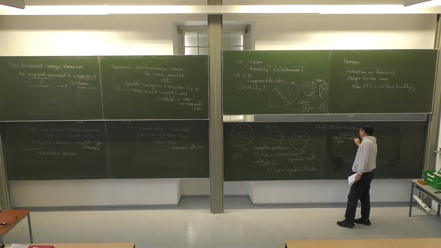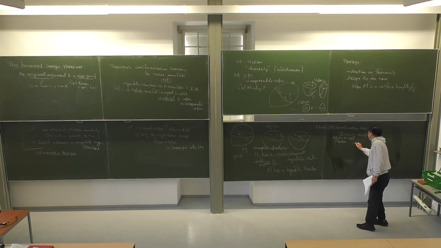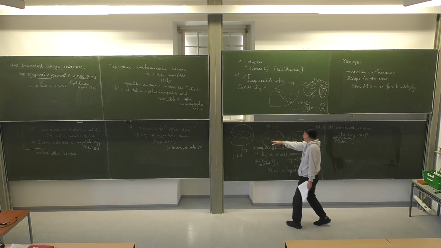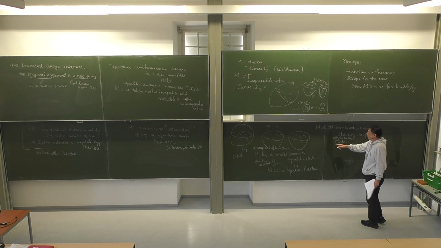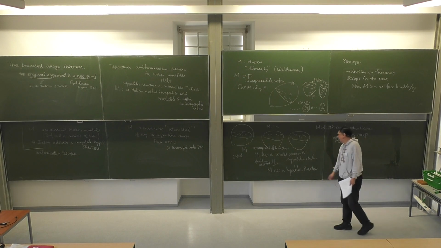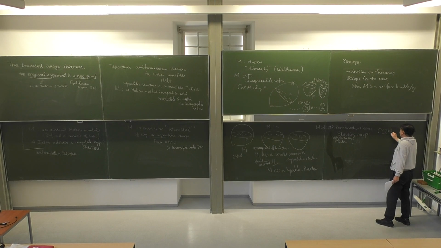This is a special case, and the general statement is by Marden, saying that, because this is an incompressible boundary, there is a parameterization of the space of the convex compact hyperbolic structures on M. So let CC(M) be the space of the convex compact hyperbolic structures on M modulo isotopy.